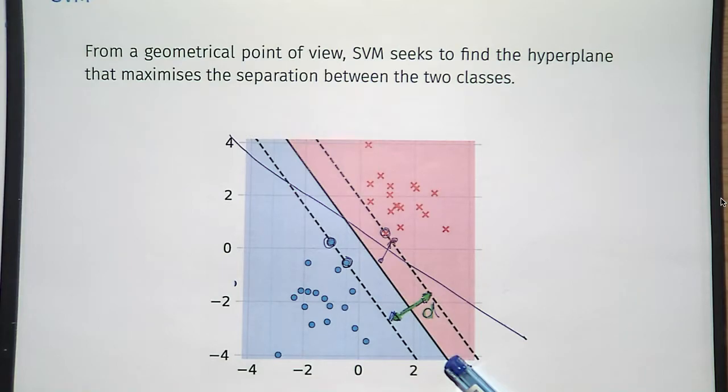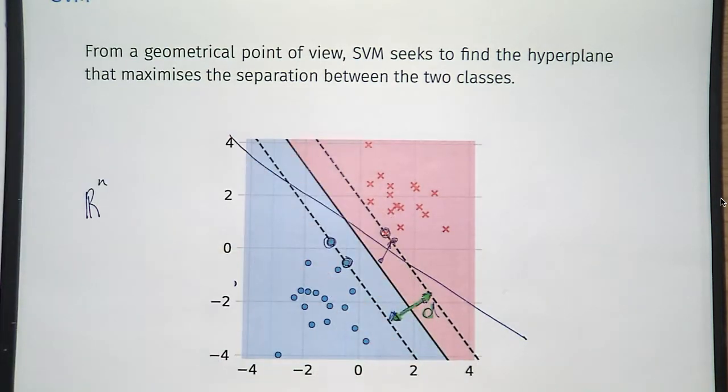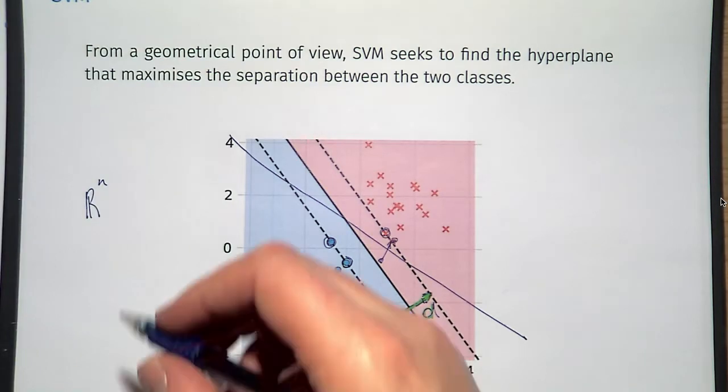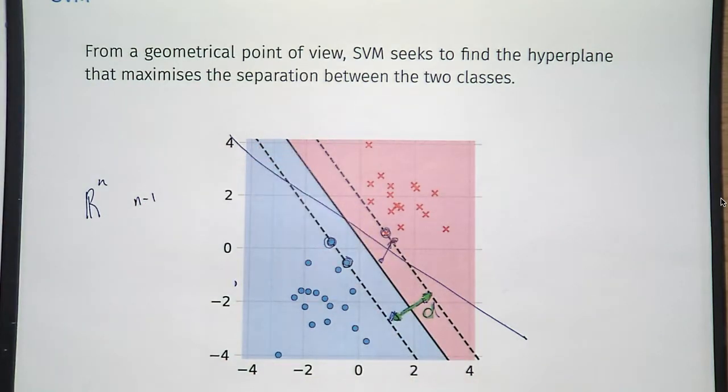So we don't want to think too much in ND, but basically if you're in a space of dimension n, the hyperplane will be of dimension n minus 1.